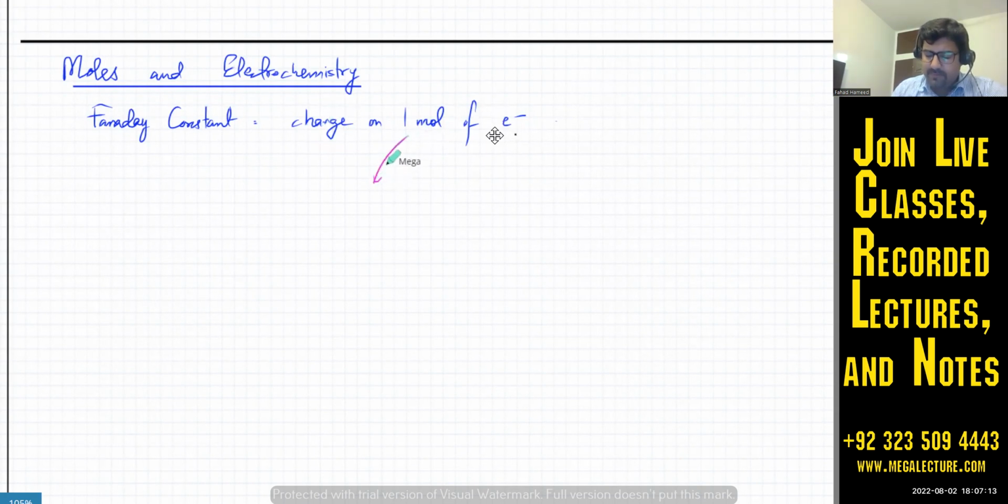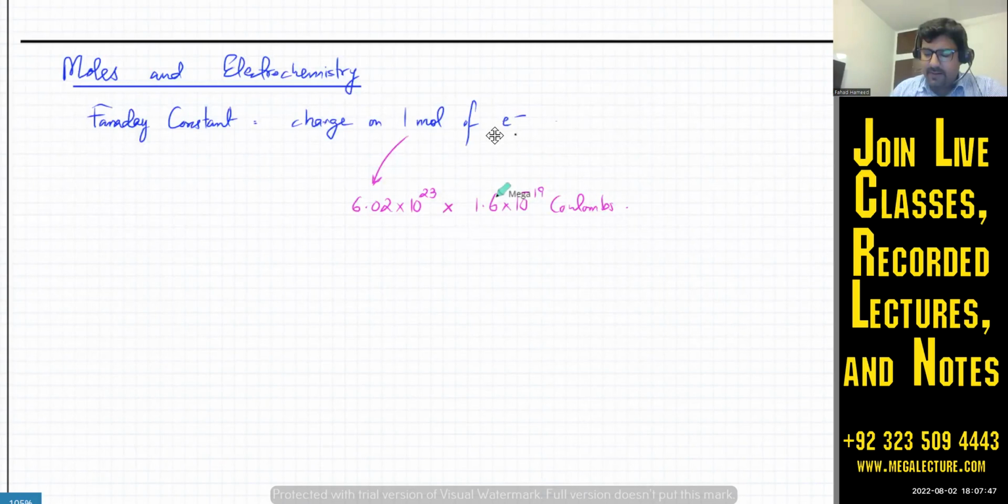1 mole means you've got 6.02 times 10 to the power 23 electrons, right? And every electron has a charge of 1.6 times 10 to the power minus 19 coulombs.